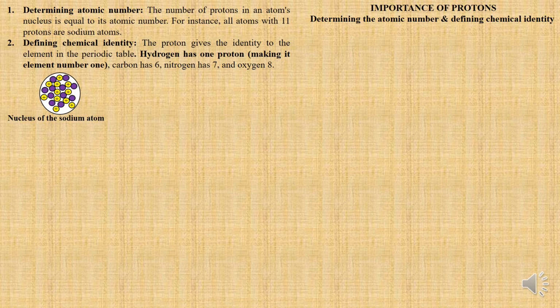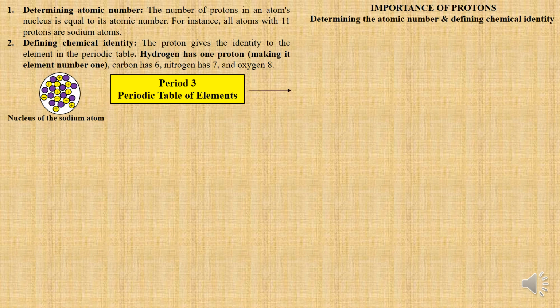Carbon has 6 protons in its nucleus, making it sixth element in the periodic table. Nitrogen has 7 protons in its nucleus, making it the 7th element in the periodic table. And oxygen has 8 protons, making it the 8th element in the periodic table. So sodium will be the 11th element in the periodic table because it has 11 protons in the nucleus.